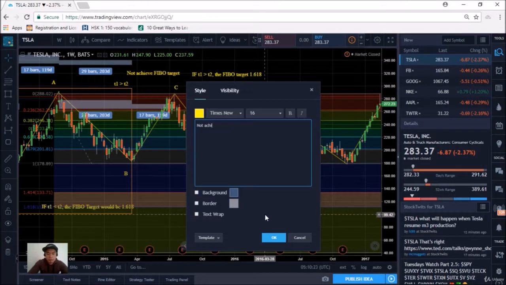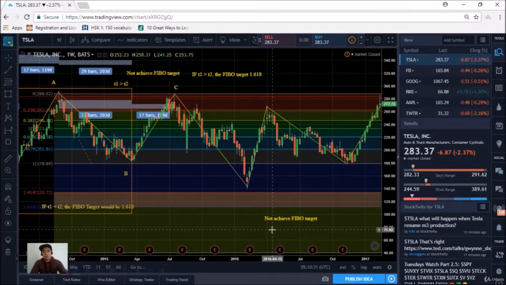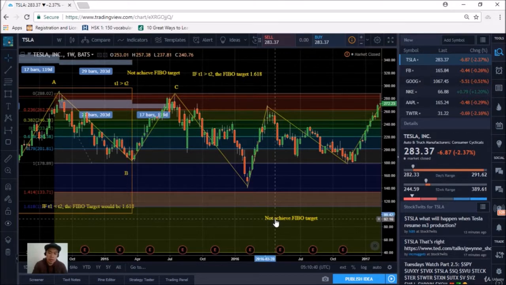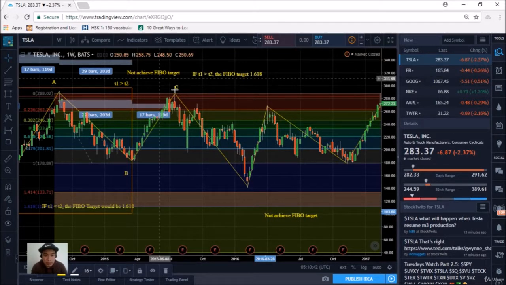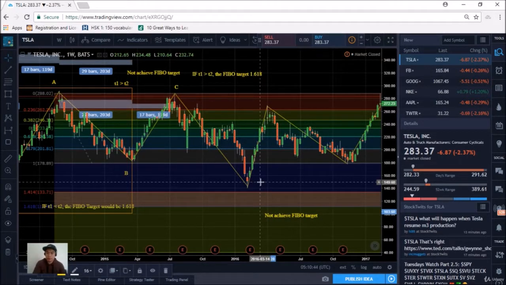Not achieve Fibo target. So what did you find here? What we found is that both the upward and downward targets are not achieved.